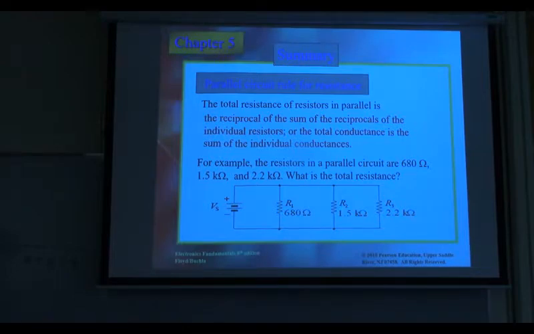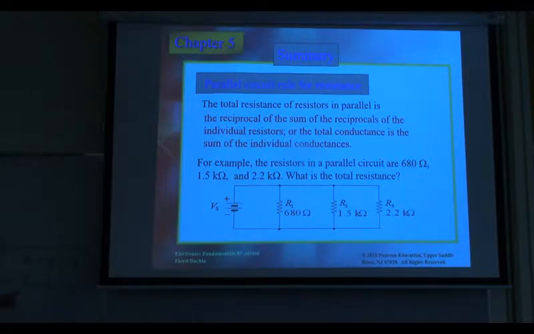So any question on this? The easier way is to set the conductance. What label do we use for conductance? G. Good. GT equals, anyone give me the formula? G1 plus G2 plus G3.